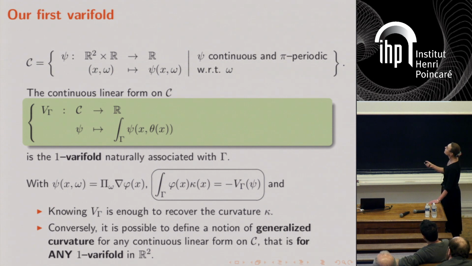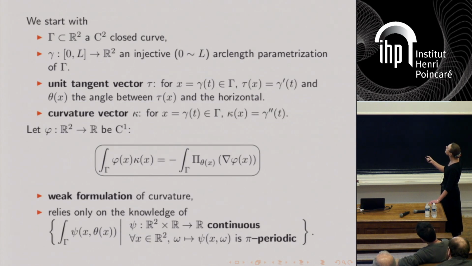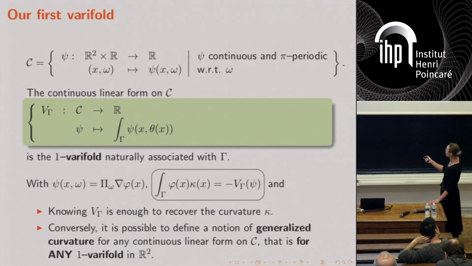So if you know this structure, V gamma, then you can recover the curvature, because remember that you had this formula here, that I can rewrite in terms of V gamma. So if you know the varifold associated to gamma, then you can compute the curvature.